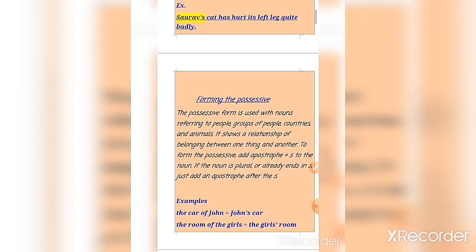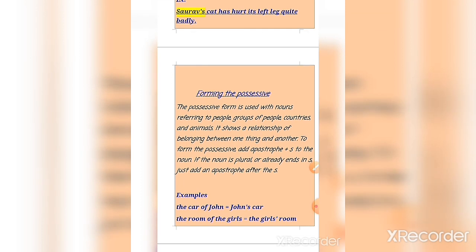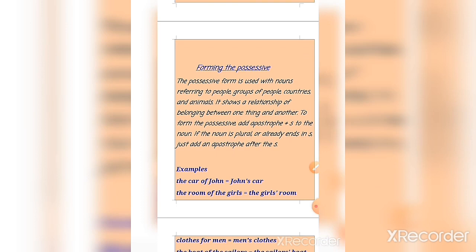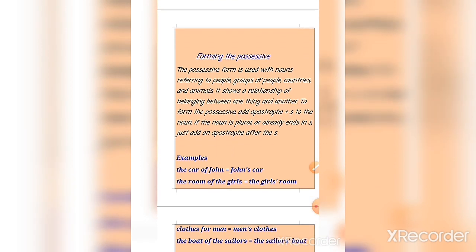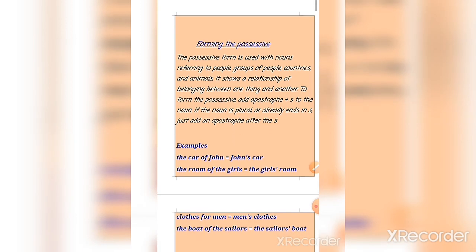Now let us see forming the possessive. How we have to form it, we will see here. The possessive form is used with nouns referring to people, groups of people, countries and animals. As I told earlier, it is related to another noun mentioned in the sentence.